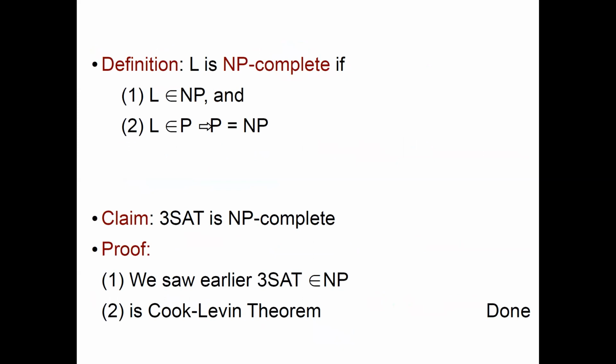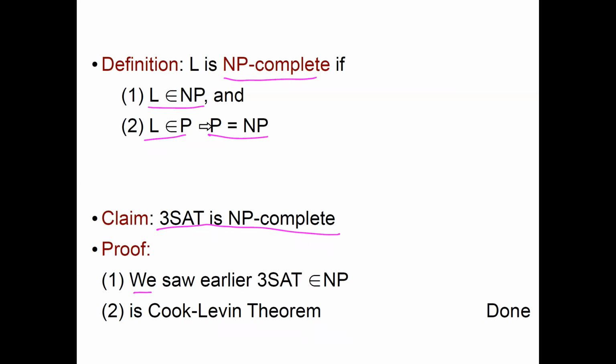So we're going to define a language L to be NP complete if it is in NP, and if it has the property that if L is in P, if L was easy, then also P is equal to NP. And the claim is that 3-SAT is NP complete.